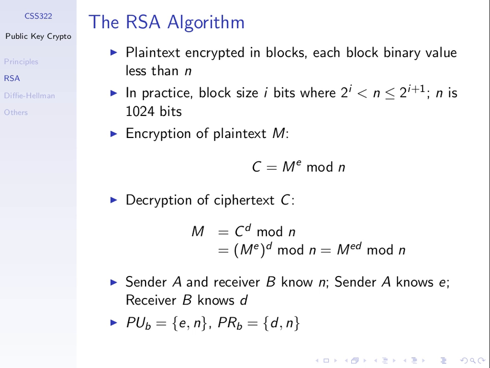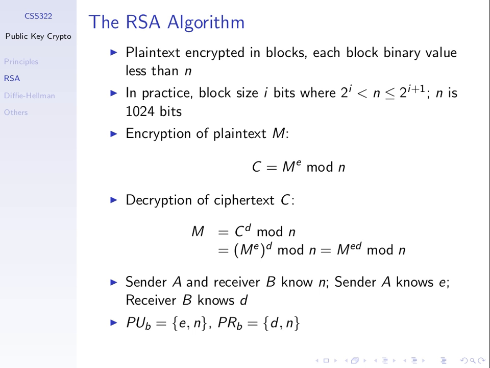That is, if n, the modulus here, is greater than 2 to the i and less than or equal to 2 to the i plus 1, then we say the block size is i bits. Because if n is greater than 2 to the i, and we choose an m which equals 2 to the i, it will be less than n, which meets our requirement that the binary value is less than n.